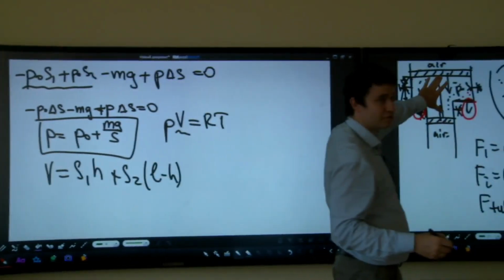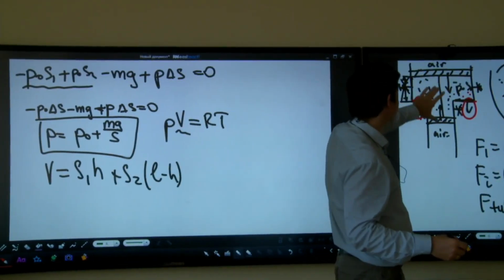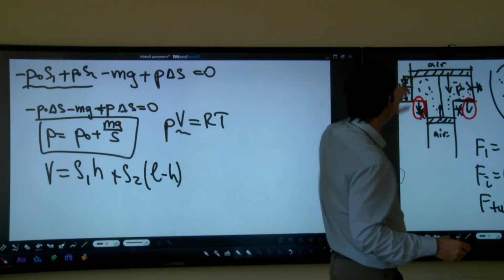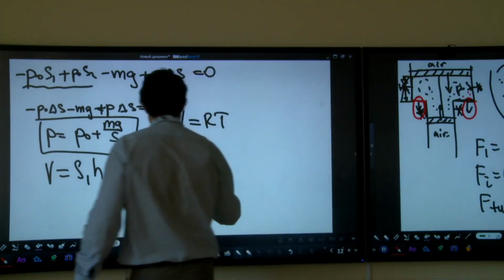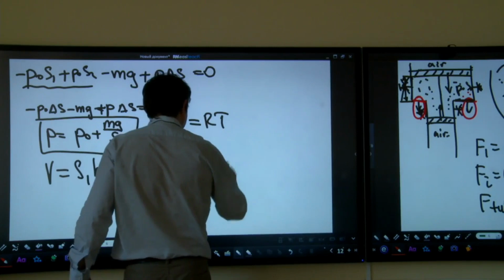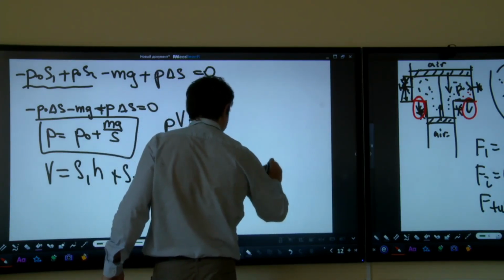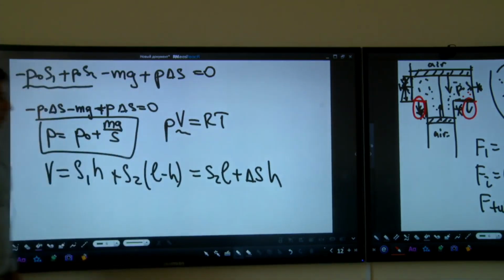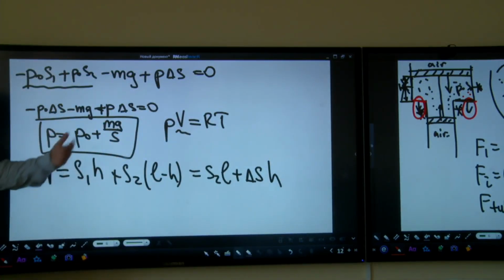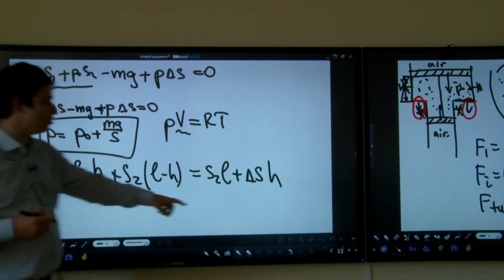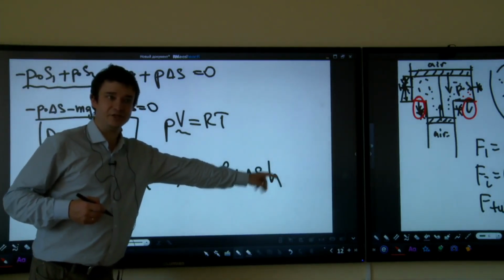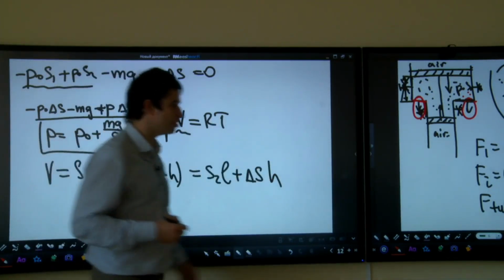So the length of the thread is L, and it is constant. So as I increase h, then my total volume would be S2 L plus delta S times h. So to achieve the increment of volume, I need to increase h. So that's what happens in this system.